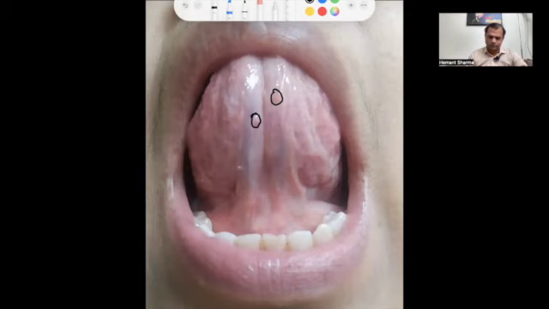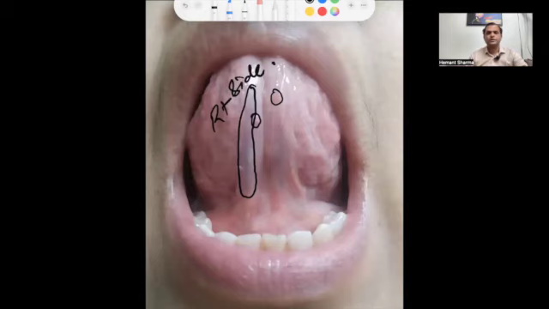Even the veins look purple in color. We can see the vein looking purple in color. So the purple vein is more purple on the right side and less purple on the left side.